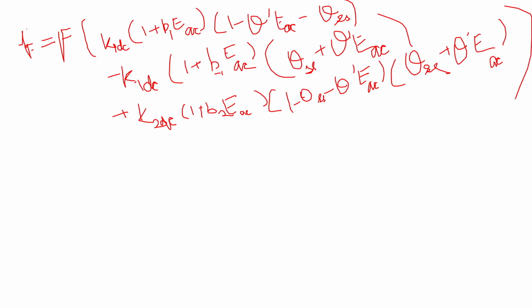Now what will you do? You will rearrange the terms. You will remove all those terms which correspond to IF DC, and IF AC will be obtained. Then again, all those terms where a square comes, you will eliminate.